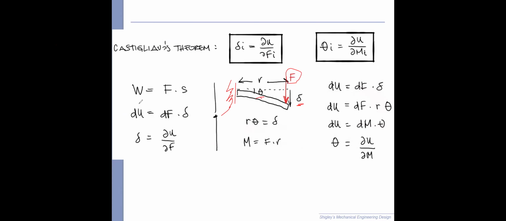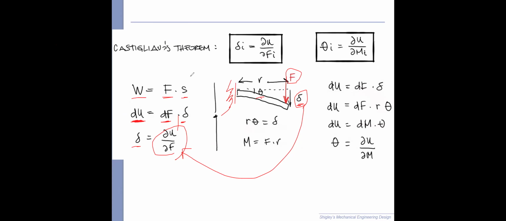From the physical fundamentals, the work equals F dot delta, right? And dU, the derivative of the energy, equals dF times delta. So the delta equals dU over dF, the partial derivative of U with respect to F.